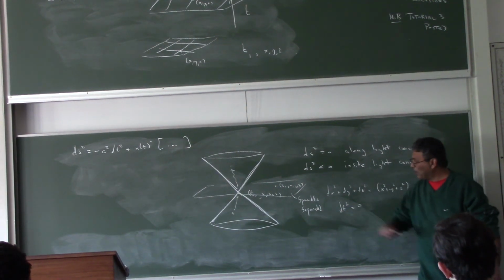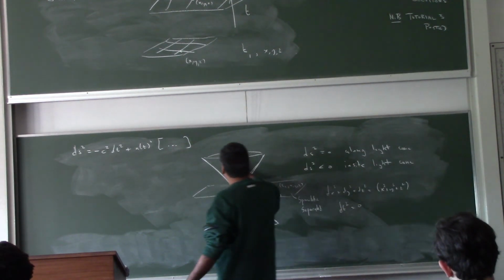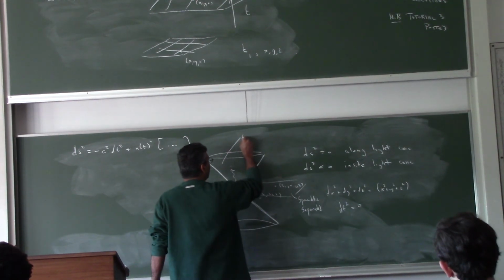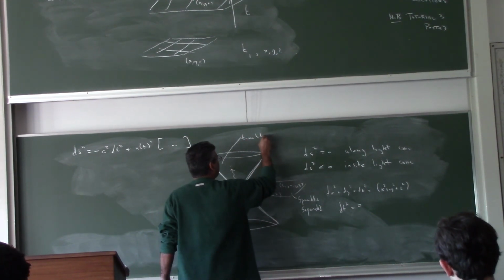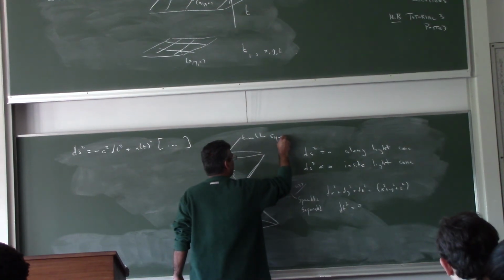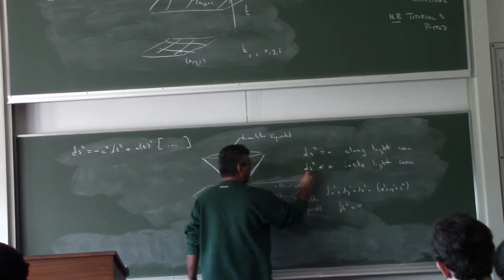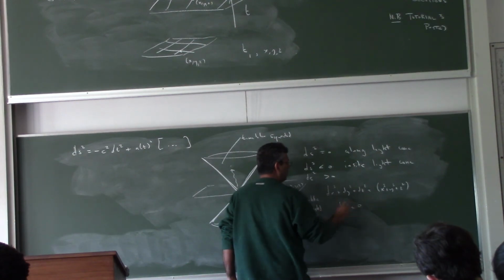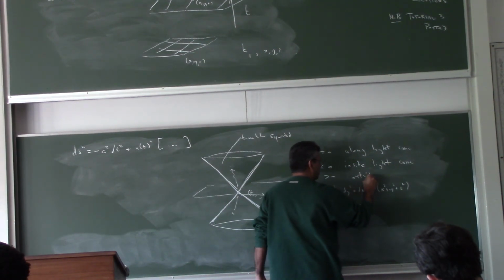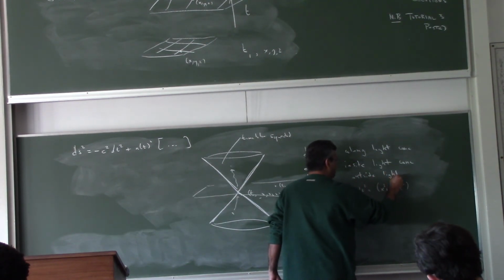So these points are called space-like separated. The points inside, where the distance is negative, are time-like separated. So ds squared greater than 0 is outside the light cone.